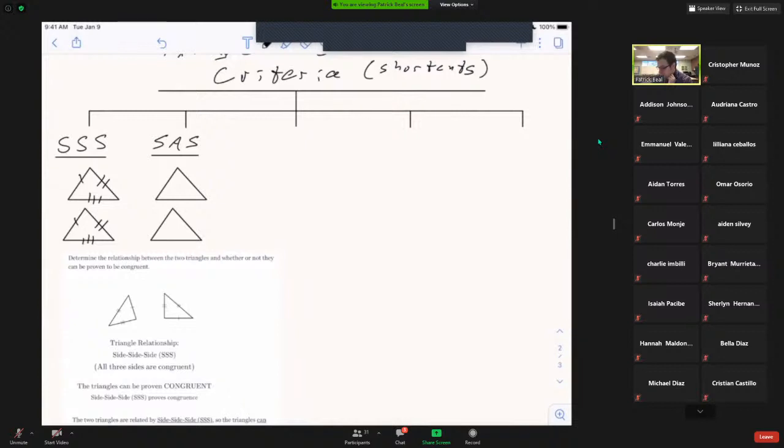Let's say this side and this side is congruent, and then let's say that these two sides are congruent. Maybe color will help here. I'm going to put the sides in yellow. So the congruent sides there are going to be in yellow.